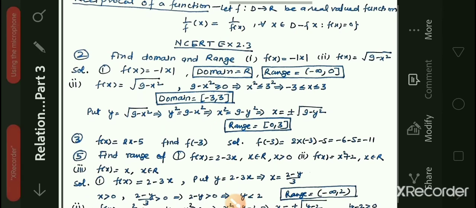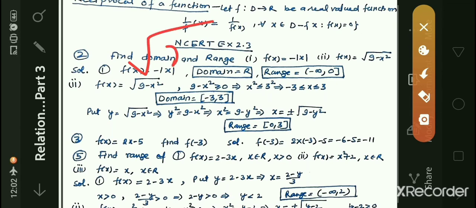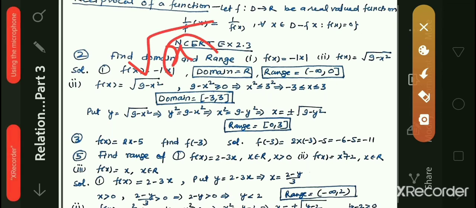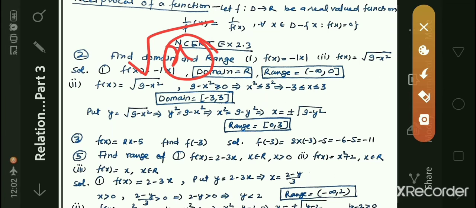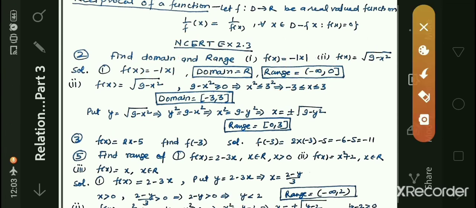Now in question number 2, f(x) = √(9 - x²). As you know, an under root will be valid only if the quantity inside is greater than or equal to 0. So here 9 - x² must be greater than or equal to 0.